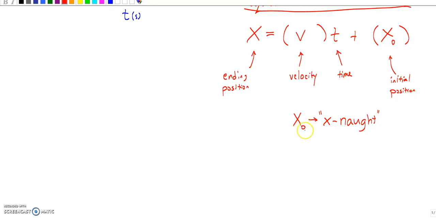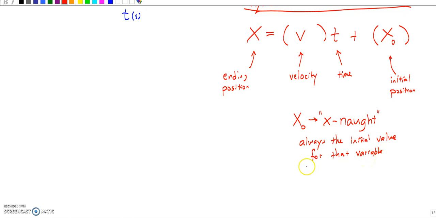So this is always a labeling that we can use for a variable to represent the beginning or initial value for that variable.